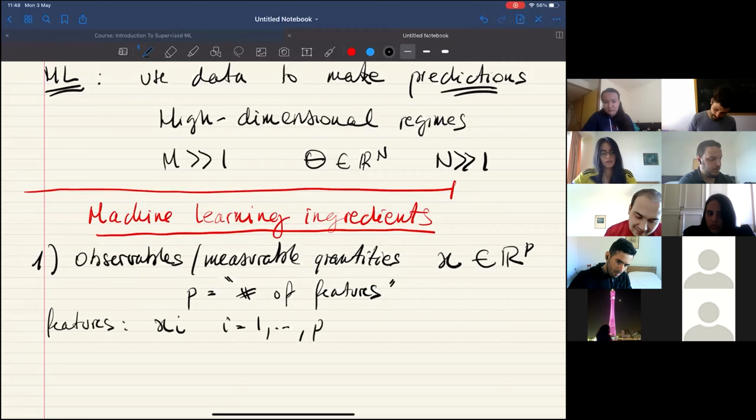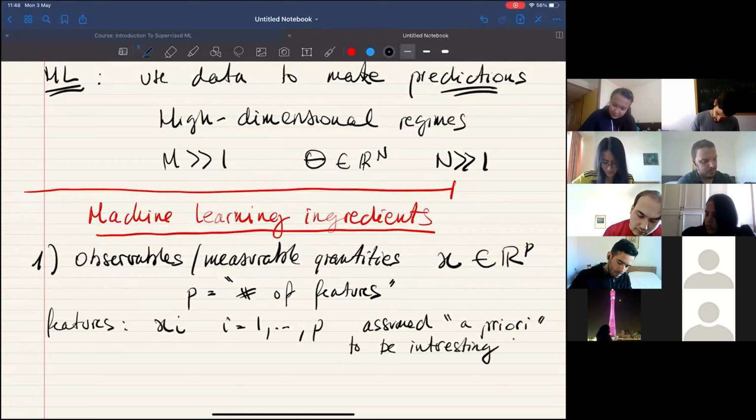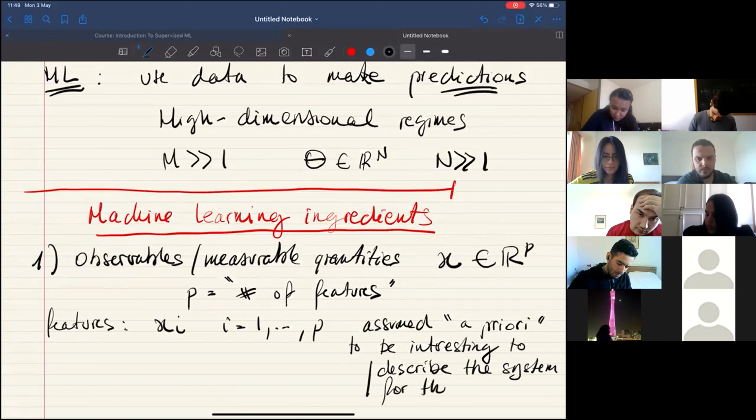And features are assumed a priori to be interesting to describe the system, or for the task at hand.